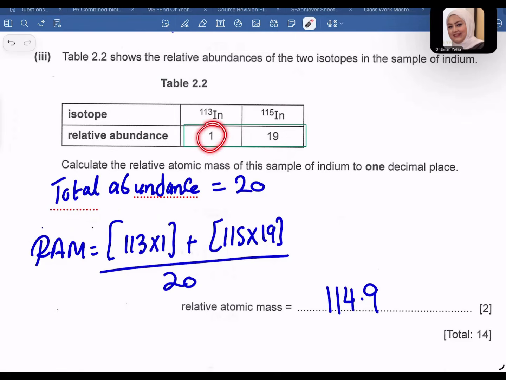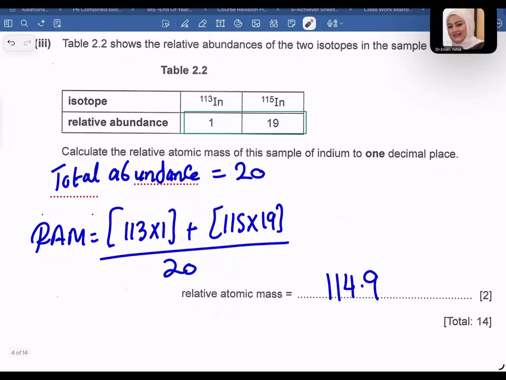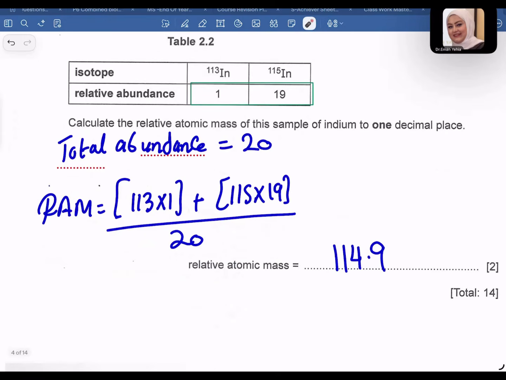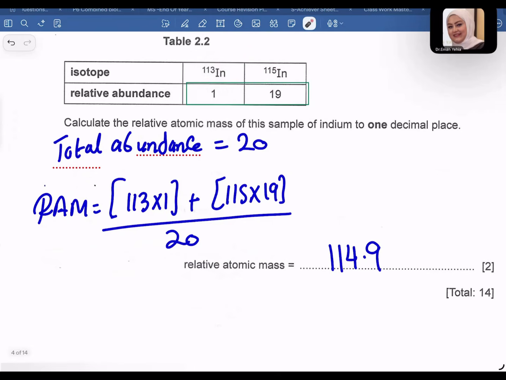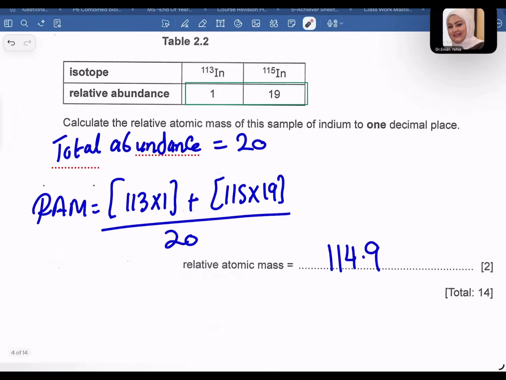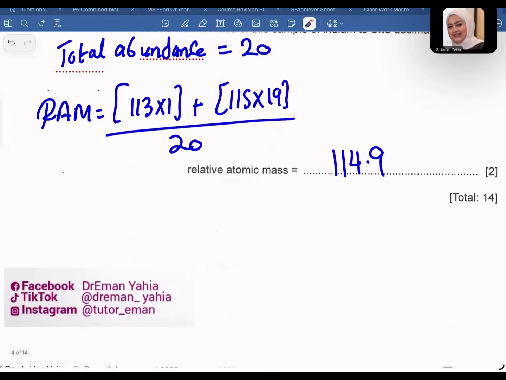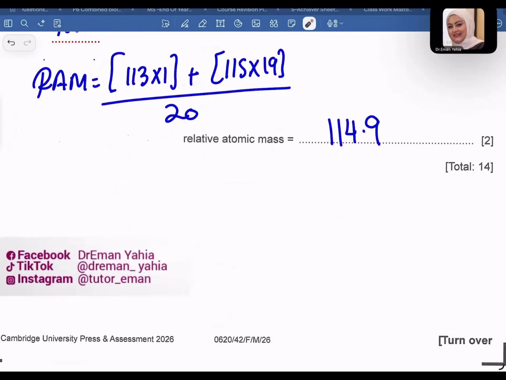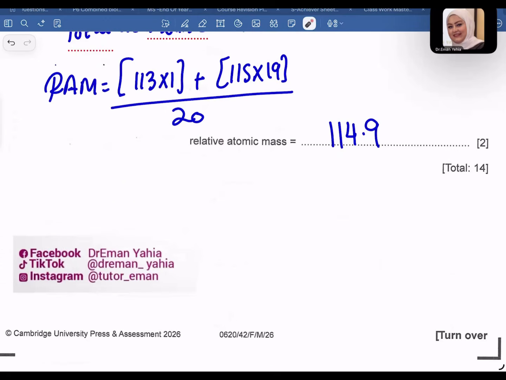So the total abundance here is 20. So relative mass is mass multiplied by abundance, which is 113 times 1, plus 115 multiplied by its abundance, 19, divided by the total abundance, which is 20. So it's going to be 114.9.